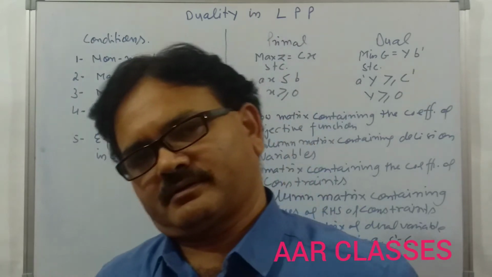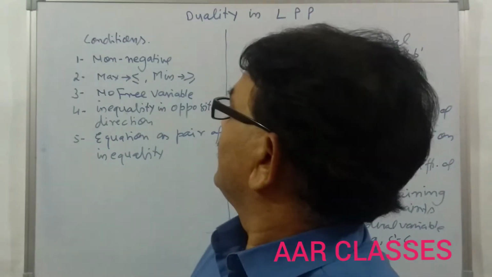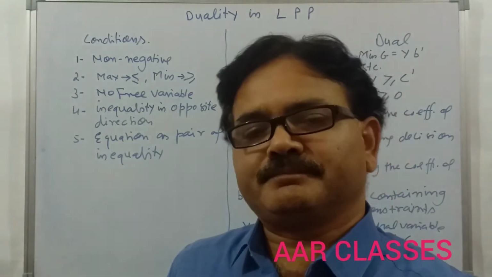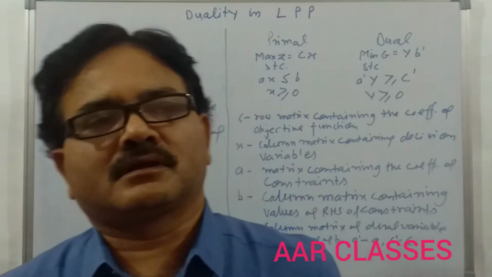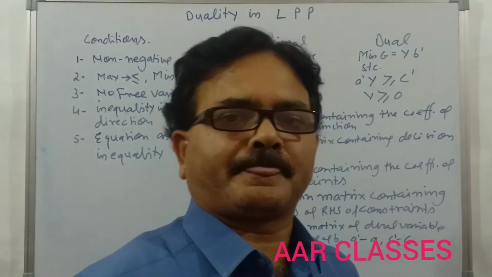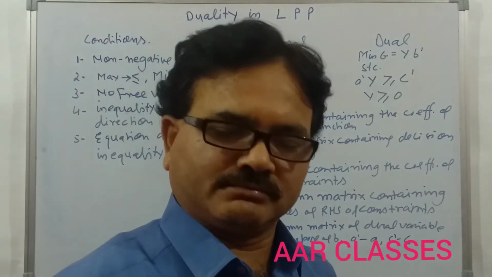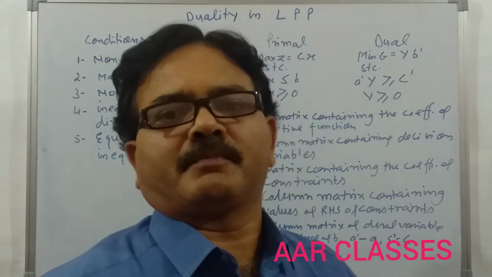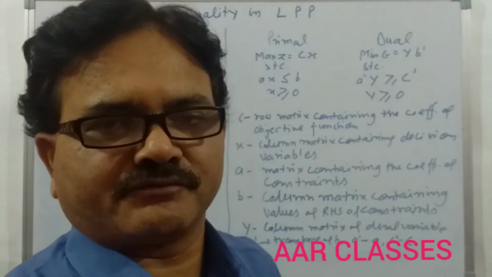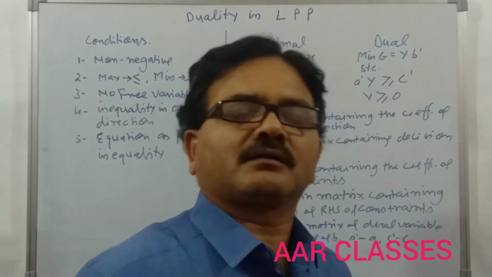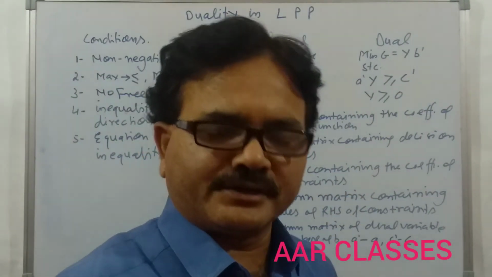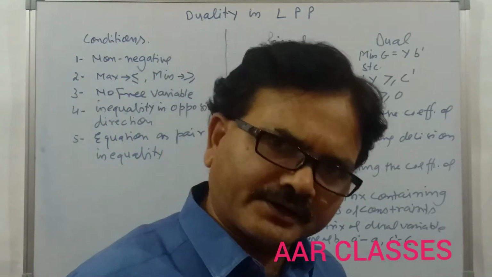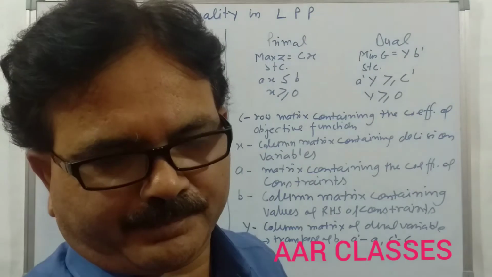This is number one. Number two, we need to check in any LPP where the mathematical model is available: the typical type of maximization function is given, constraints are expressed as linear relations in mathematical functions, and alternative solutions are also given.